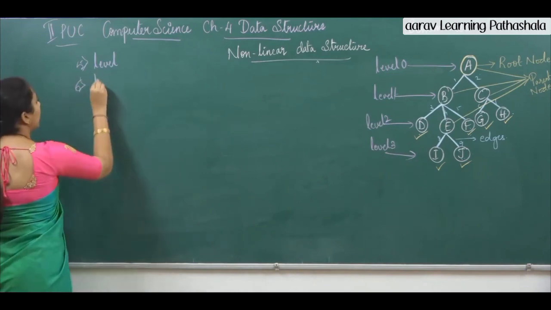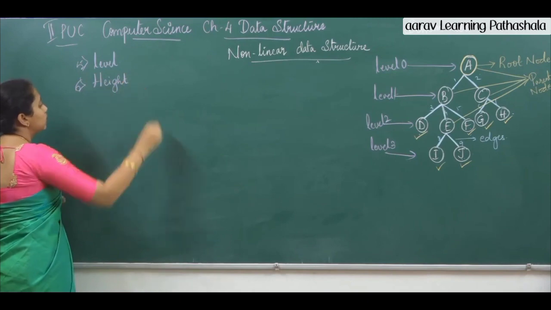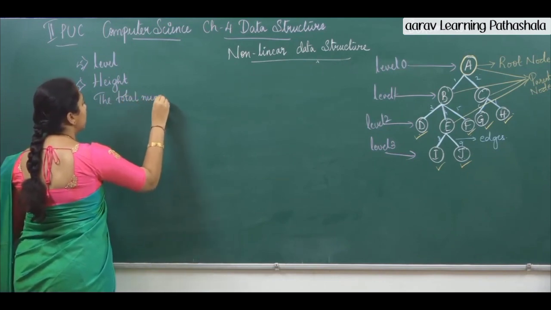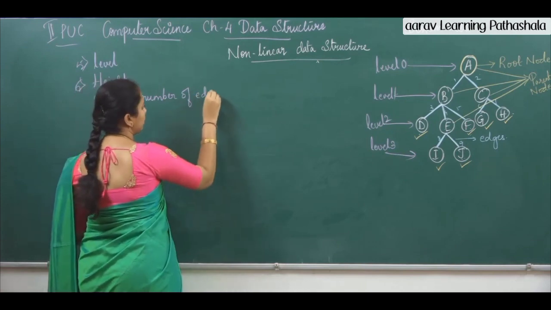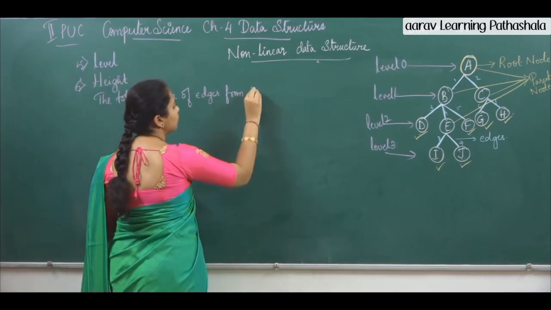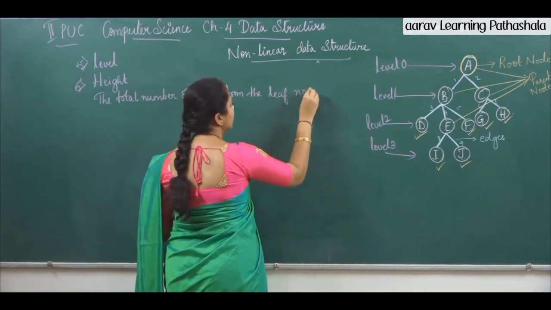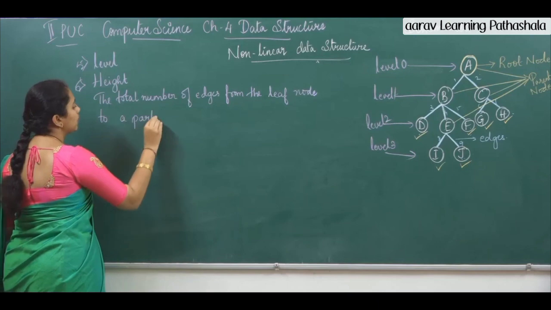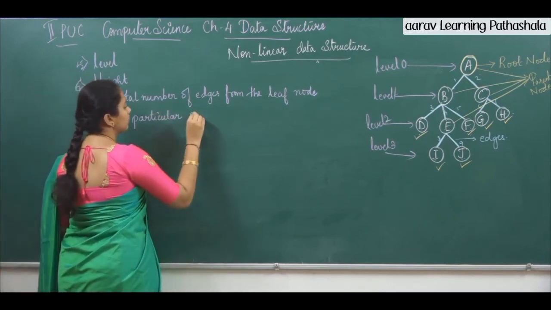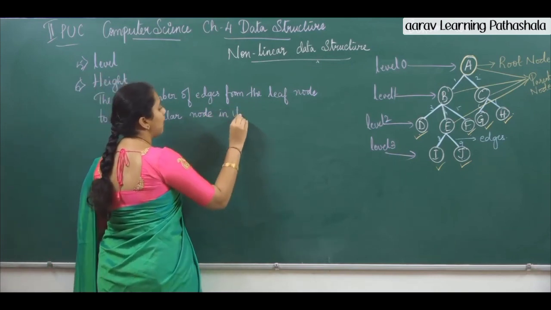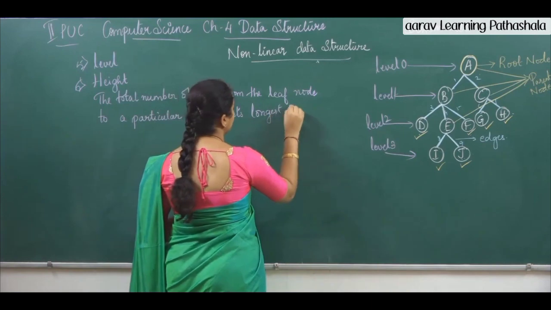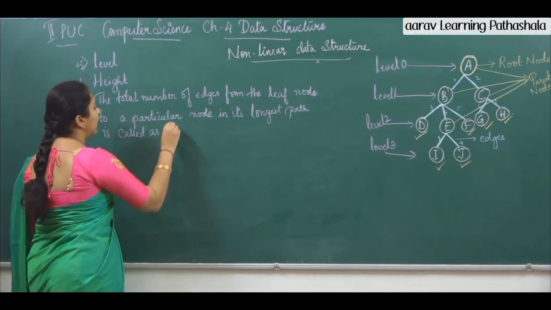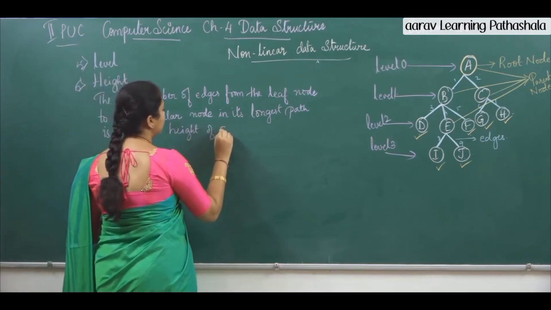Next is height of a tree. The total number of edges from the leaf node to a particular node in its longest path is called the height of a tree.